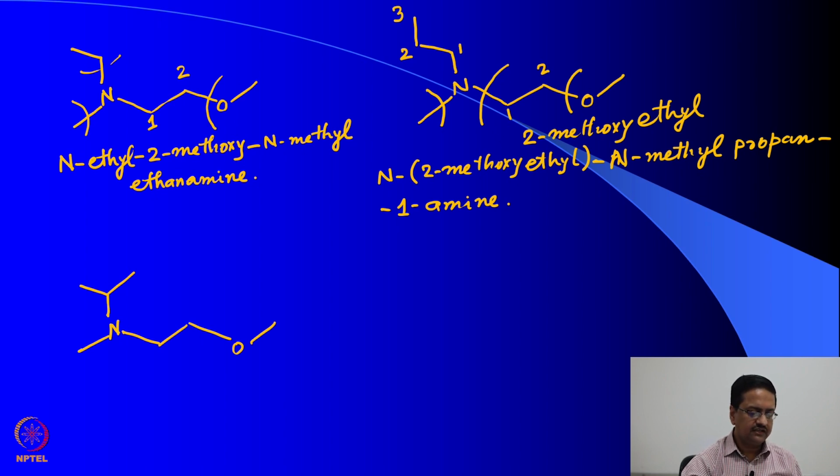The third molecule of this series is similar to the second molecule. Here also in the middle we have a 2 carbon atom chain, but on the nitrogen I have a 3 carbon atom chain.